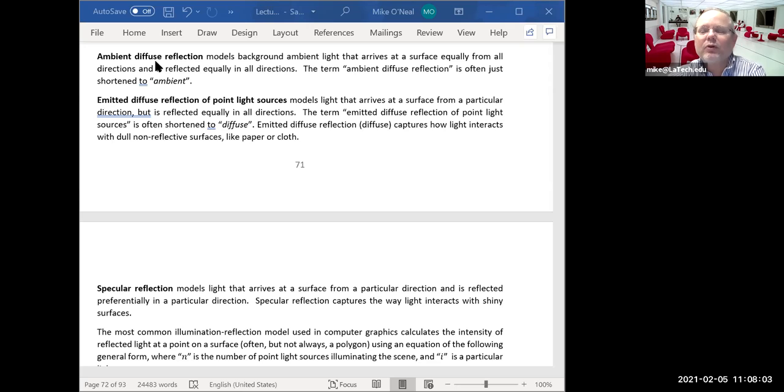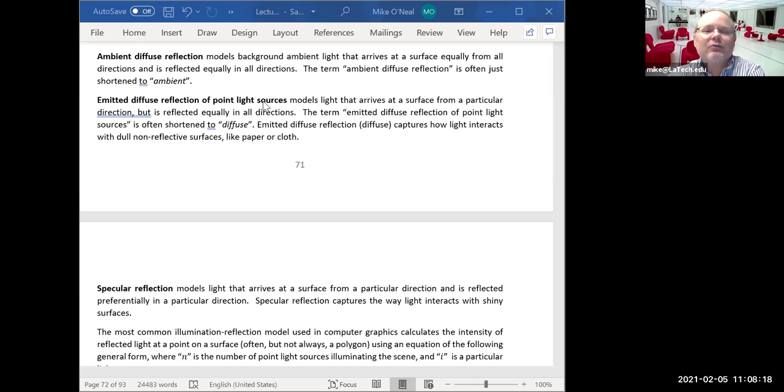All of our little pixels are points on our objects, and so we have to figure out the intensity of that pixel, and really the intensity of the pixel is going to be the intensity of the light that's reflected off that spot on the object.